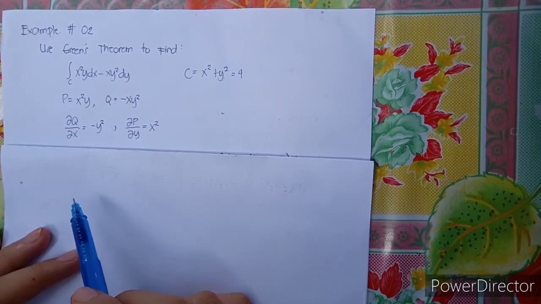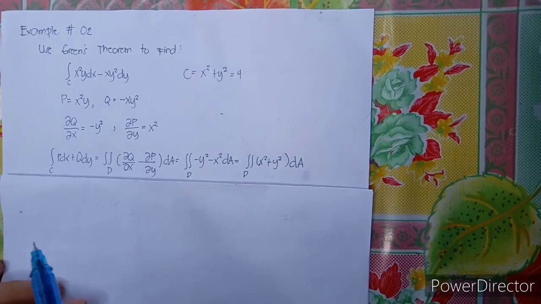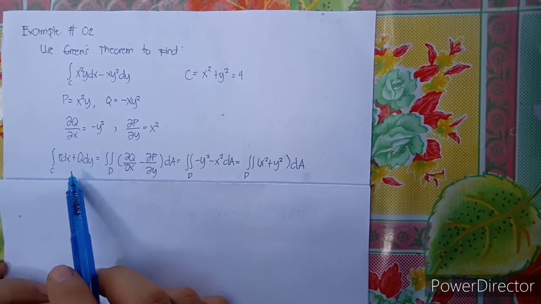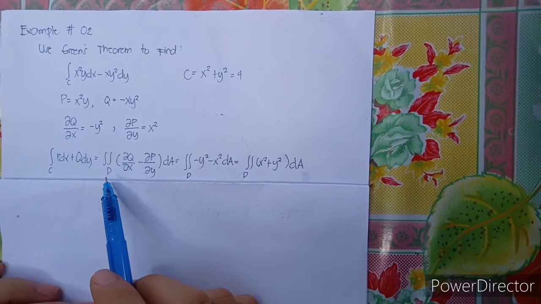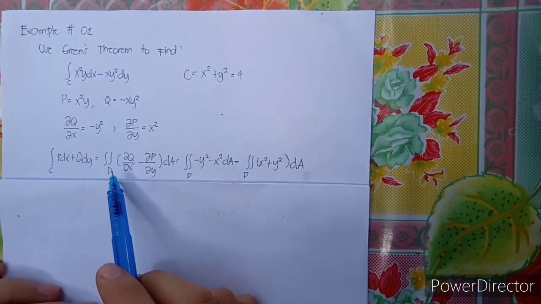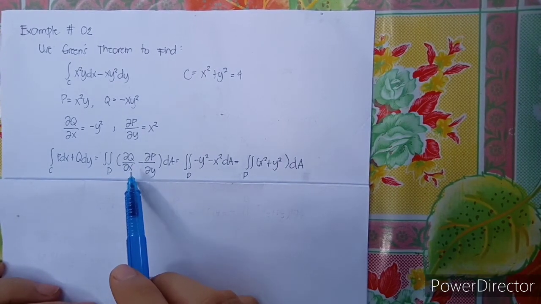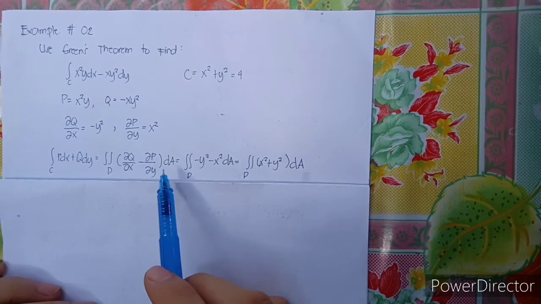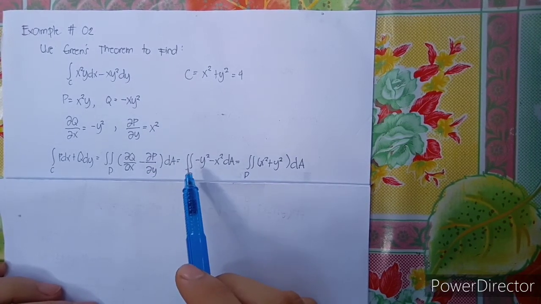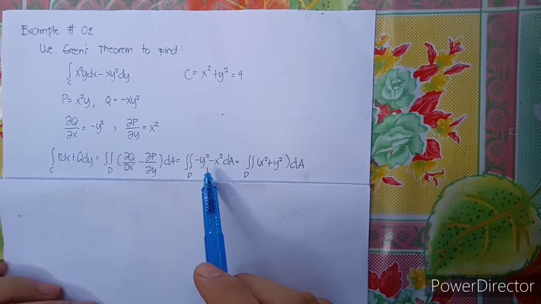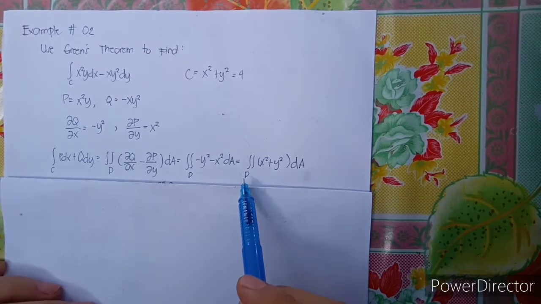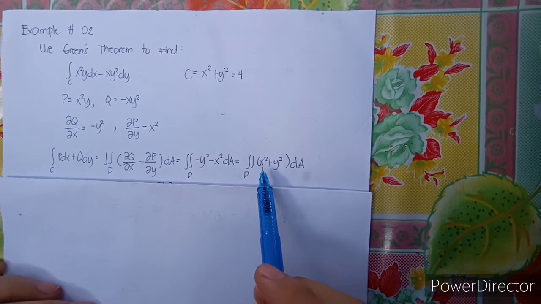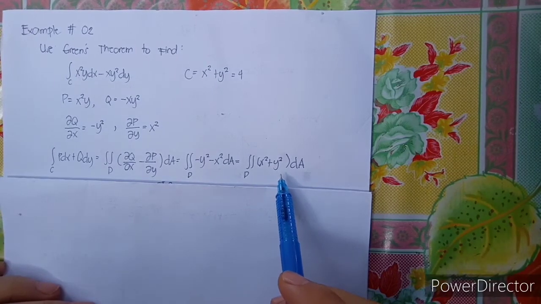Then, using Green's theorem, our line integral of P dx plus Q dy is equal to the double integral of partial Q with respect to x minus partial P with respect to y dA, which is equal to the double integral of negative y squared minus x squared dA, which is equal to negative the double integral of x squared plus y squared dA.